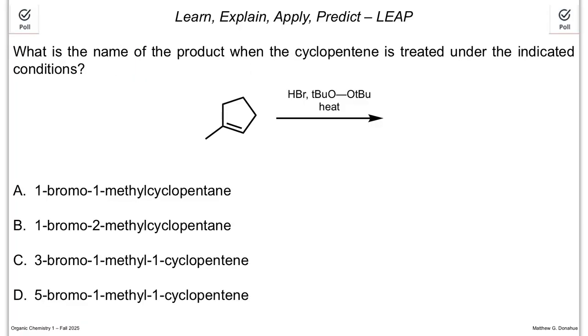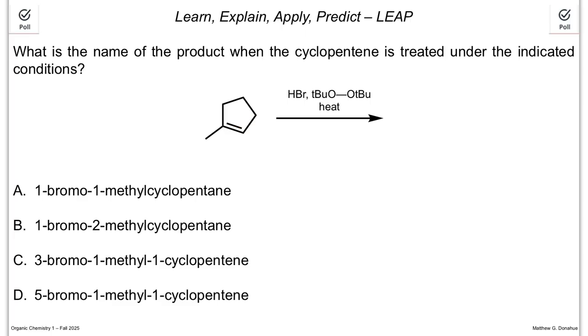So let's see if this makes sense. We have an alkene, HBr, a peroxide, and we want to determine what is the major product. Notice now there's the carbon-carbon pi bond, so there's the alkene.